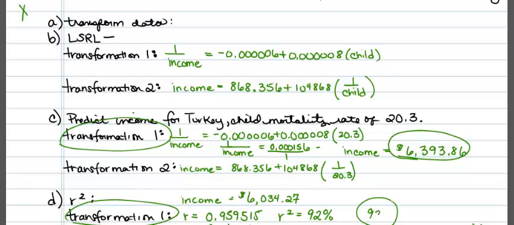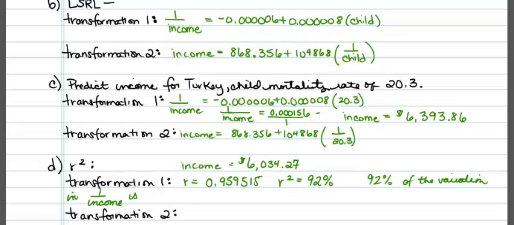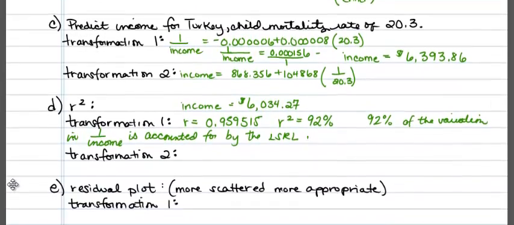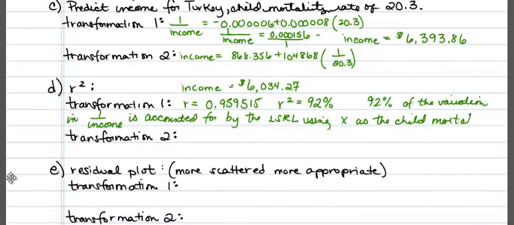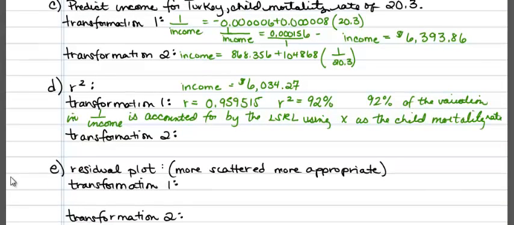It means 92% of the variation in the income, but this is the reciprocal income, is accounted for by the least squares regression line using X as the child mortality rate, or something like that.